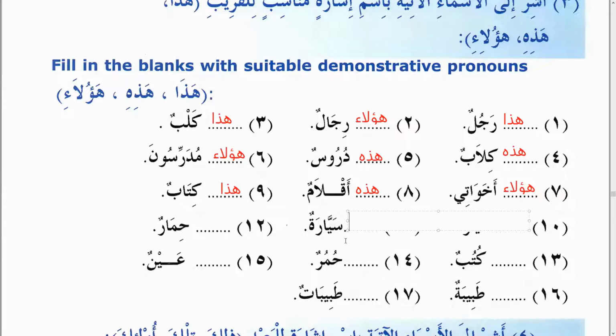Hadihi again, yes. This is because this is singular female. We will use hadihi. This is a car, and we will translate it as this is a car. Himarun, donkey. This is a donkey. Hada, this is masculine, so we will use hada.